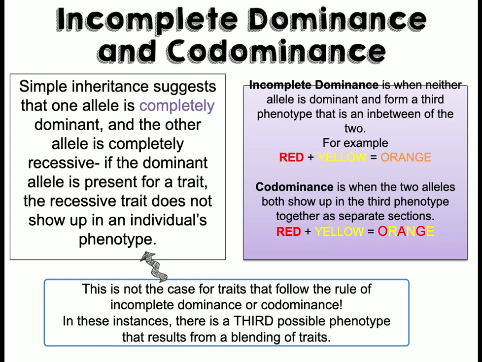They don't mix together. But they code for amount of protein production, and this makes enough protein of each that you see kind of an in-between color. Codominance, they're both dominant, and you get a third phenotype, but it's a mix. So you have like red and yellow, they'll have their own little spots.